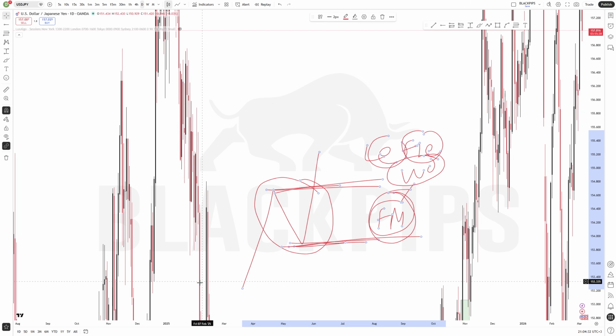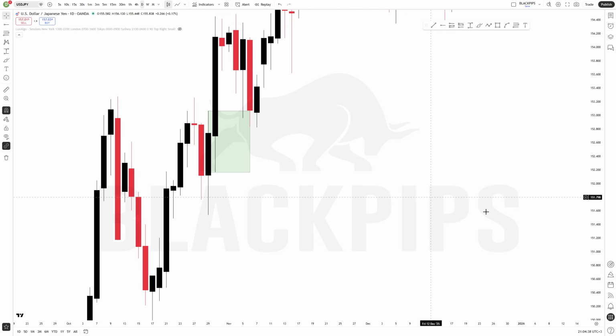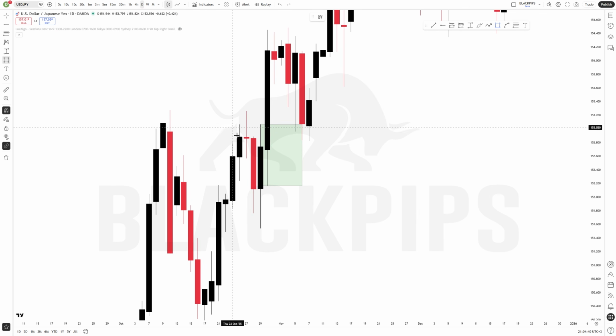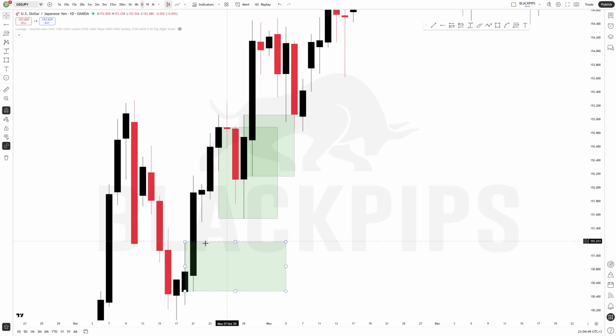So in our case here, we saw that the price was giving us this formation, and also these wick overlaps. As you can see, the price didn't come to take this wick overlap the first time.